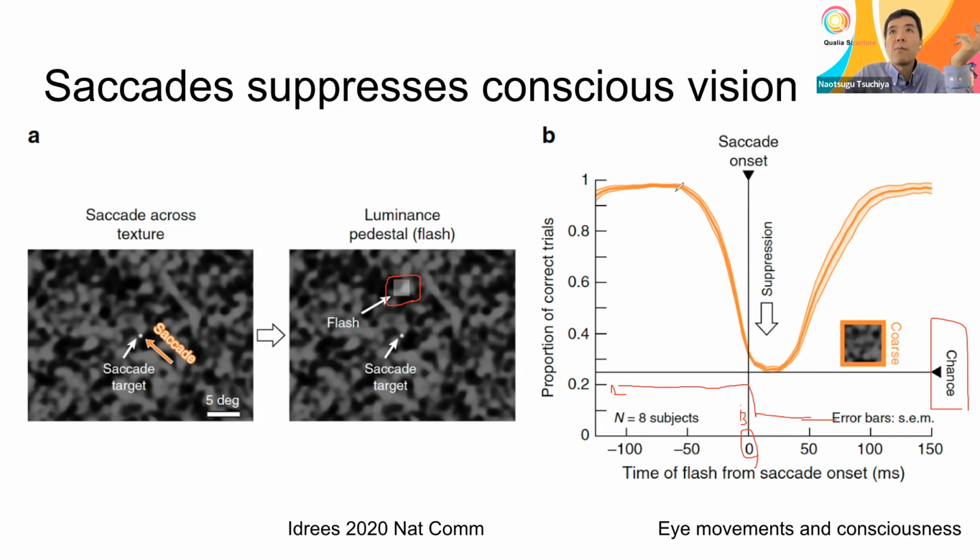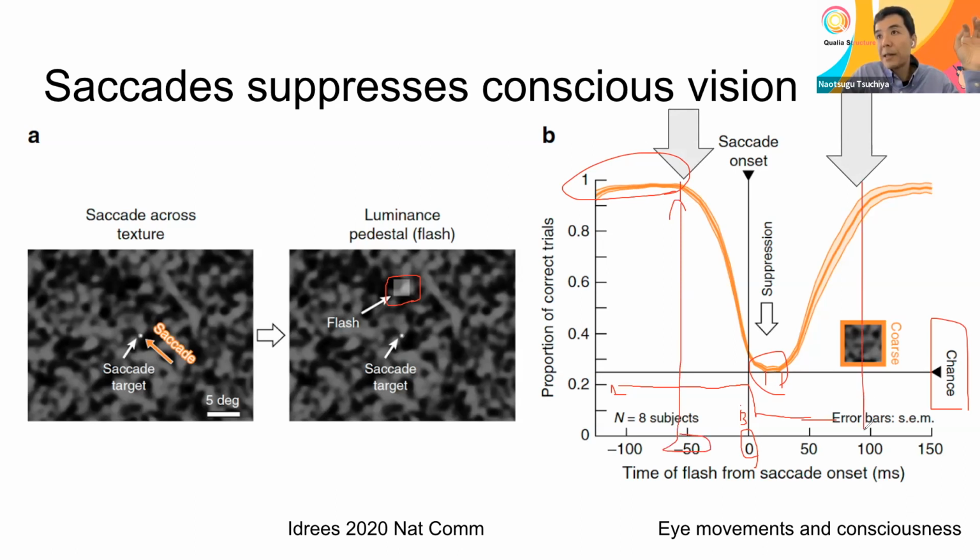But it goes from 100% correct to chance performance around roughly 30 to 40 milliseconds after the onset of the saccade. And it's also interesting to see that our vision starts to become quite bad roughly 50 milliseconds before, and up until 100 milliseconds after we make an eye movement.